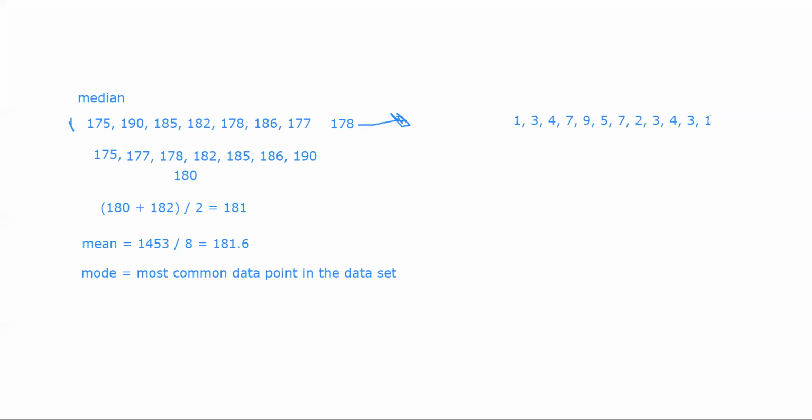For example, 1 is repeated twice, and there are some other repetitions like 4, 7. 7 is repeated twice, 4 is repeated twice, but number 3 is repeated 3 times. So the mode for this data set would be equal to 3. So this is how we can find the mode value.